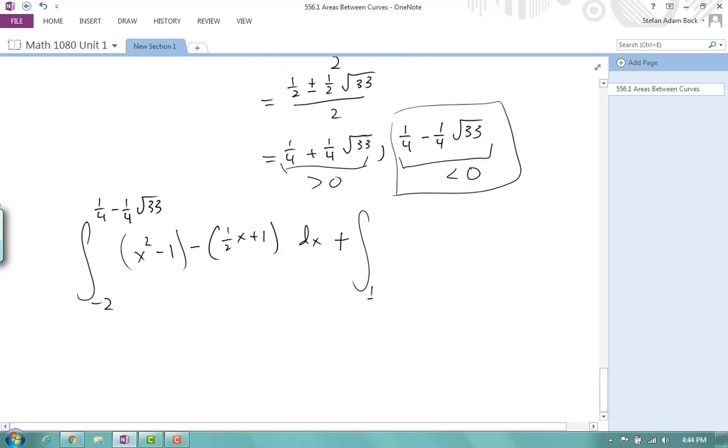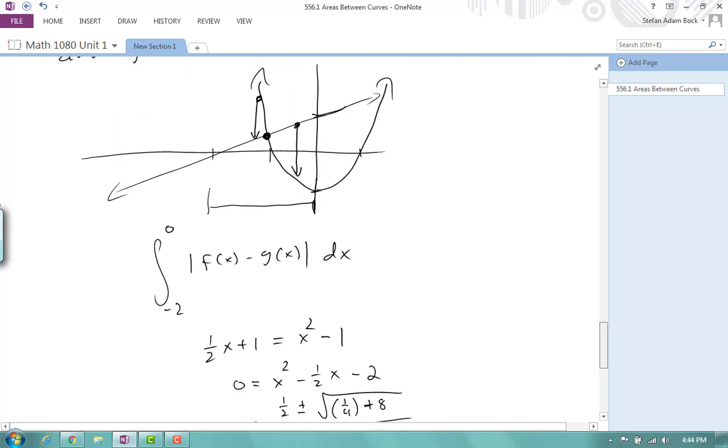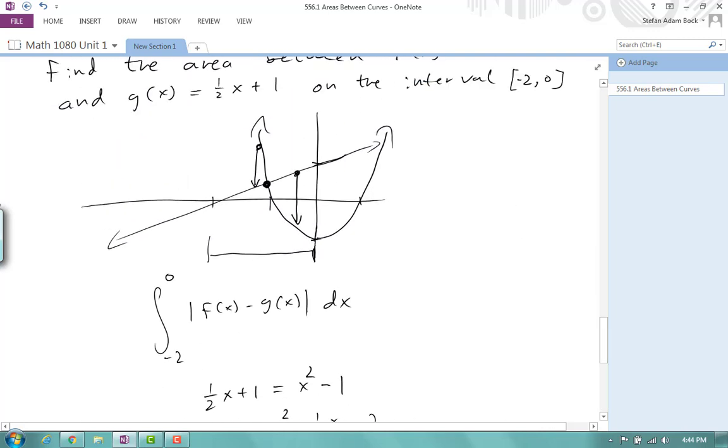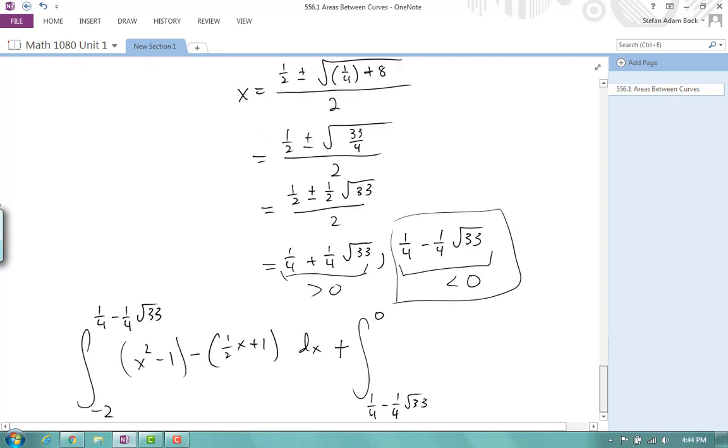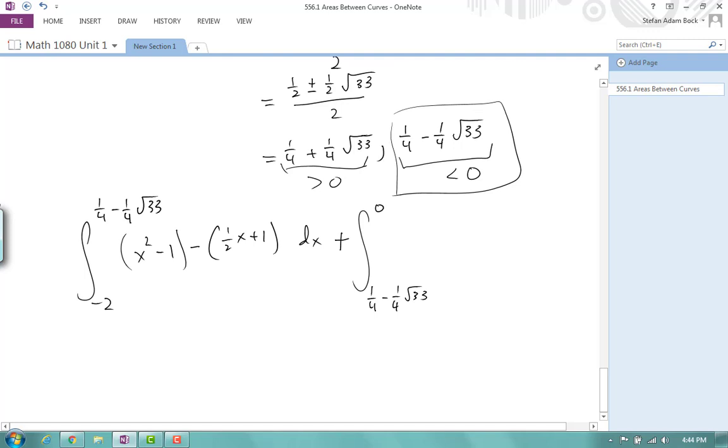So this will be from 1/4 minus 1/4 root 33 all the way up to 0. And if I check my picture again, after this intersection point, my line is the function which is on top. So I'll start this with the line. I'll have 1/2 x plus 1 minus the quantity x squared minus 1.